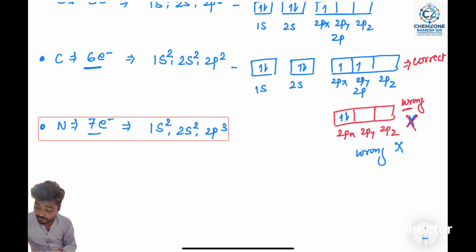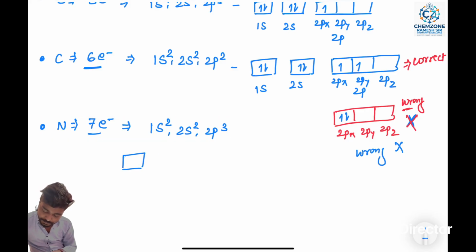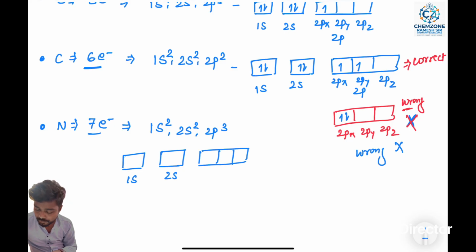Okay, that is, 3 orbitals are present for these p orbitals: px, py and pz. So the electronic configuration is 1s orbital, 2s orbital and 2p orbitals. Okay, 1s, 2s and 2px, 2py and 2pz. That is your 2p orbitals.